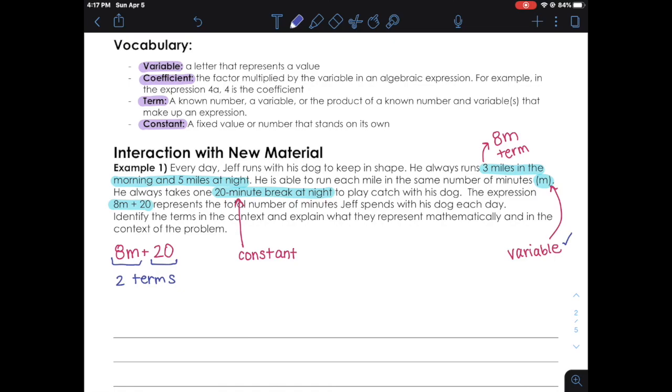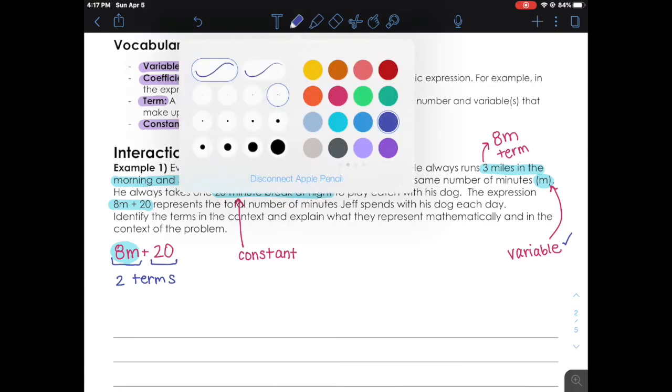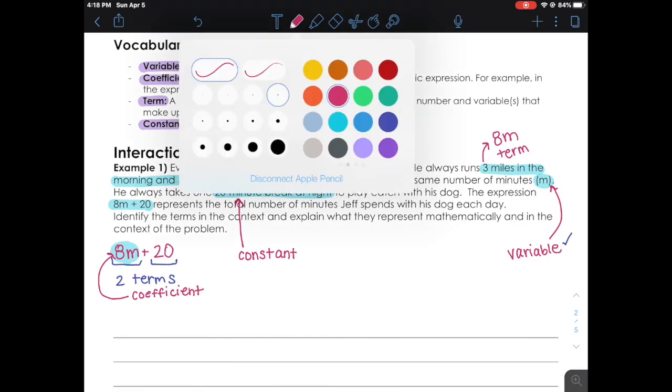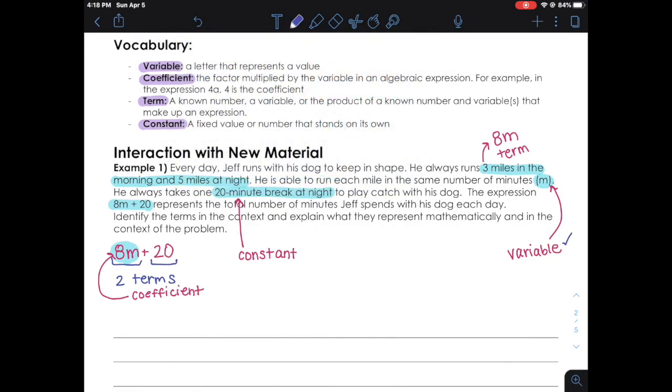Remember, the coefficient is the number that is multiplied by a variable. So if I'm looking at the variable, what number is multiplied by it? 8. So 8 is actually going to be our coefficient as well. So let's make sure we've used all of those terms. We have variable, we've got the coefficient, we've got a term, and we've got constant.